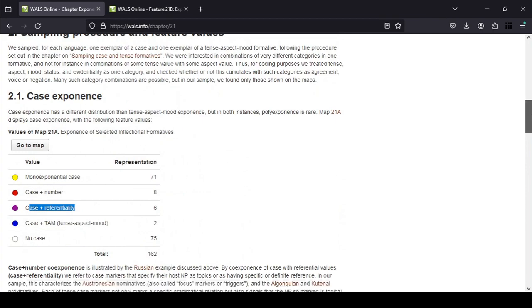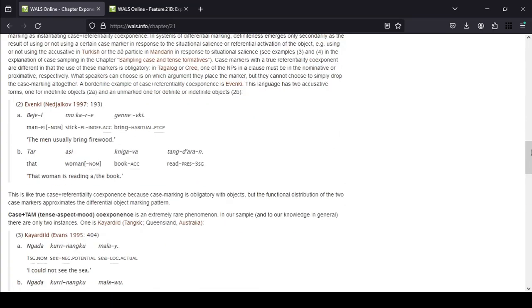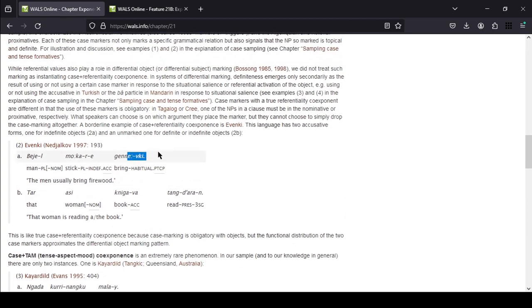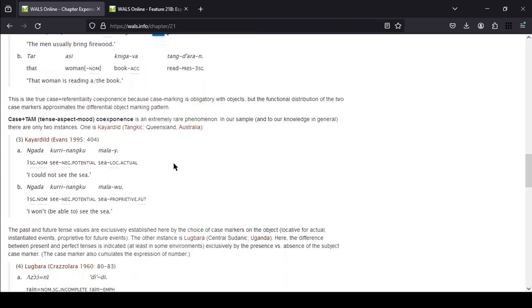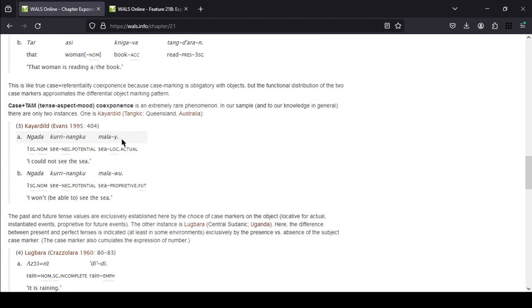See, the object is marked for tense, and the object is marked for case. Nope, I was looking at the wrong thing. See, actual tense or actual mood, I think, and then locative case. Future tense and proprietive mood.